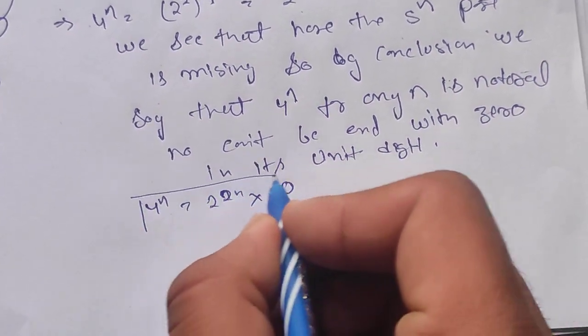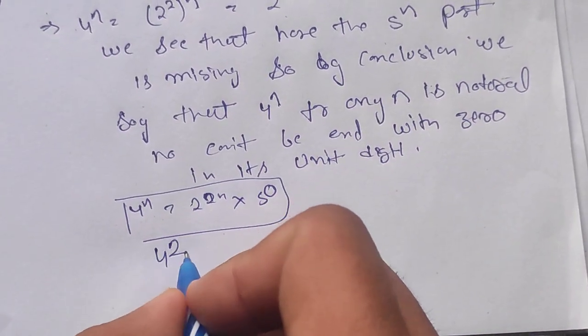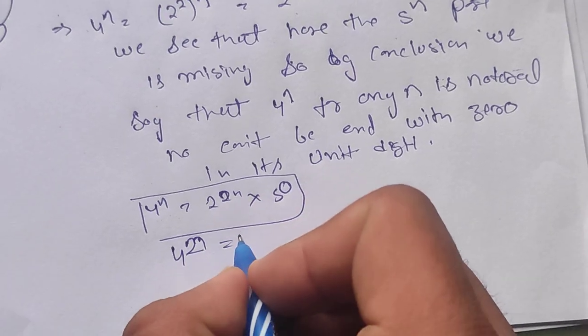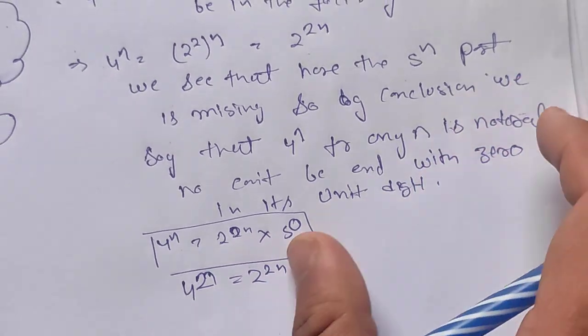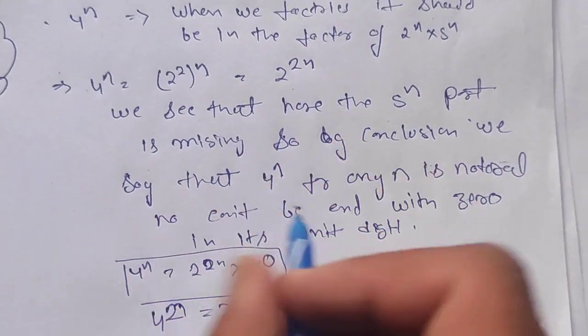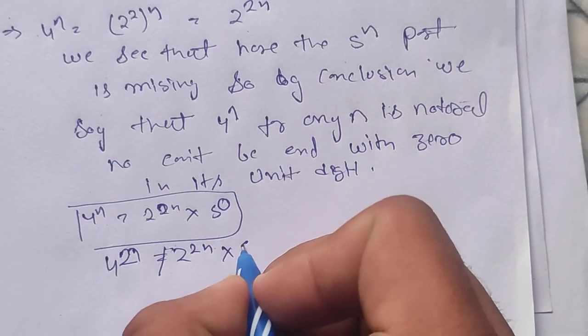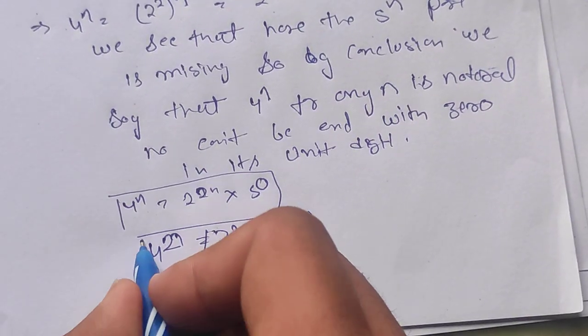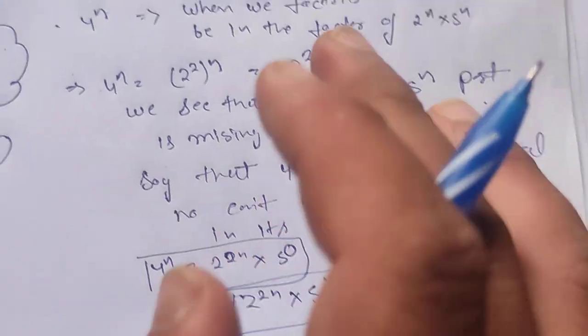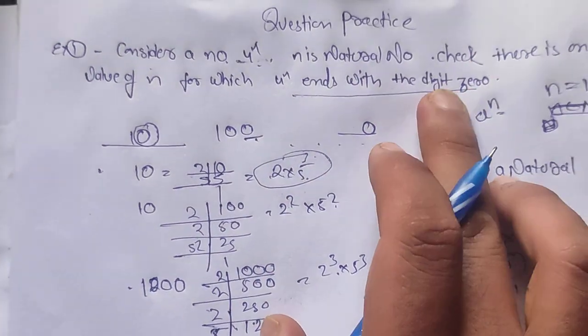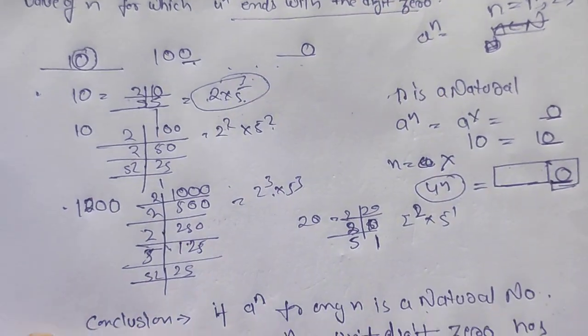Since 4 to the power n is not in the form containing 5 to the power n, it cannot end with the unit digit 0. This was the exam answer.